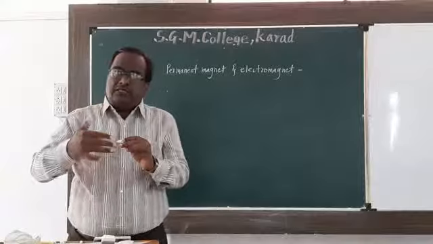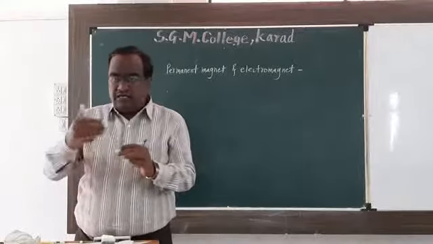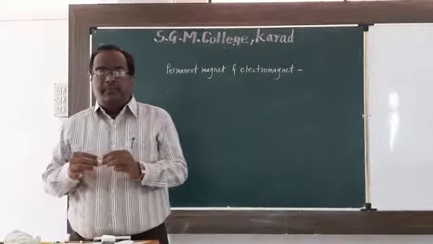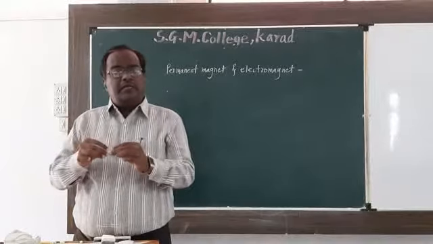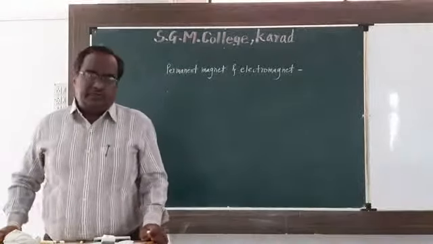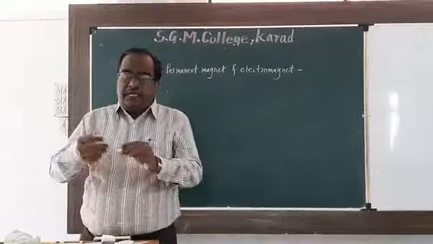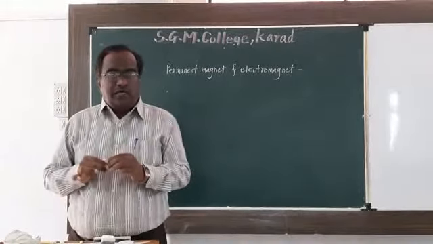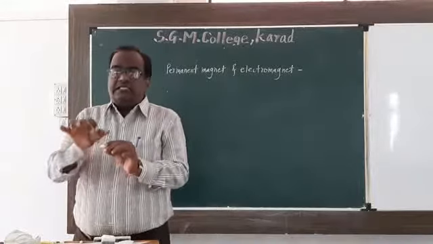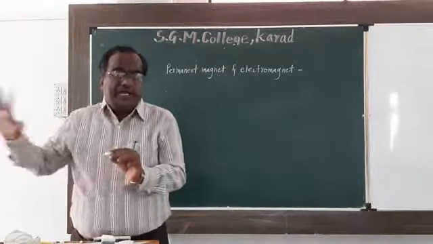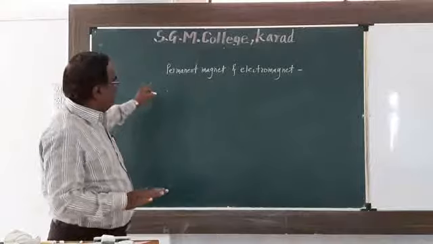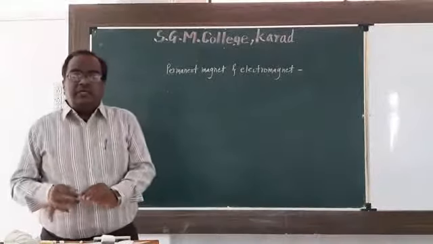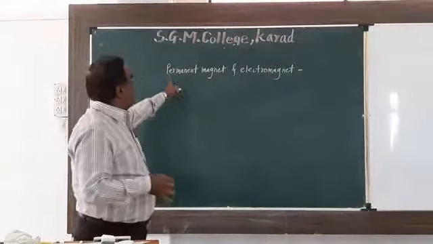When current is passed for a longer time, this material acquires magnetism, and even if we switch off the current through the solenoid coil, we found that this hard iron does not lose its magnetism. This iron becomes a permanent magnet.